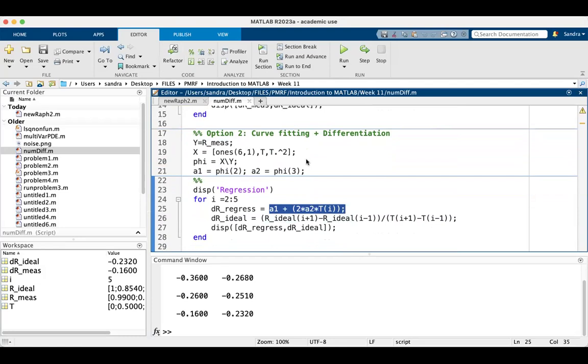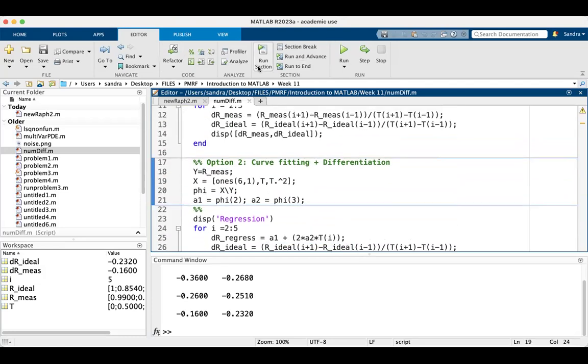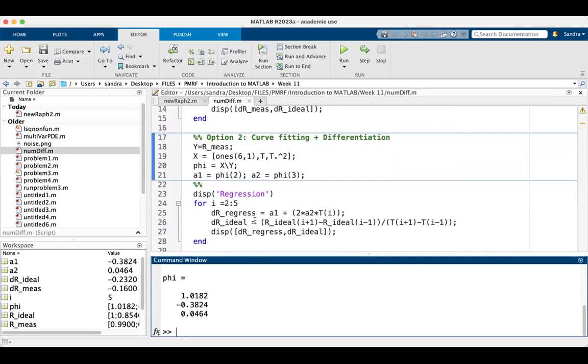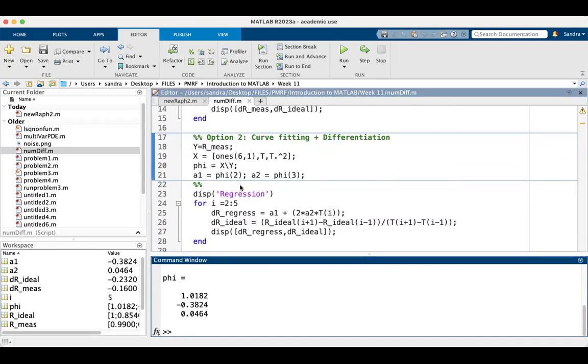Let me do the curve fitting and see the values.